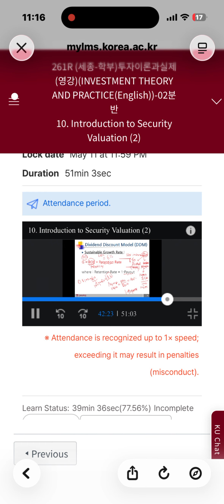It means the earnings will grow at 6%. Okay, so one simple way to assume your future growth rate is using this formula, which is the sustainable growth rate formula.